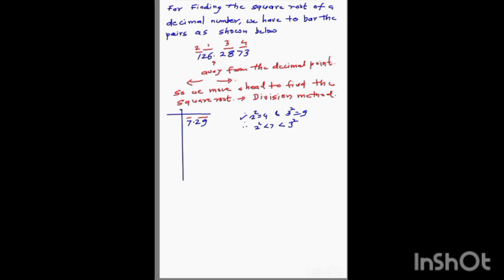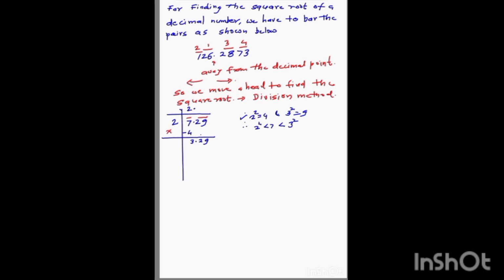Then select 2. 2 twos are 4. Subtract it, and you get 3, and then bring down 29 and the decimal point to the answer.